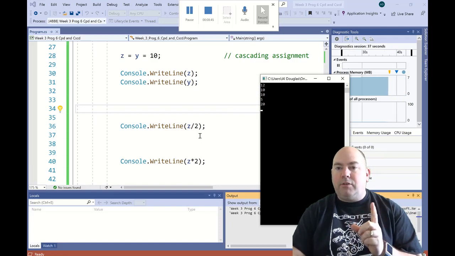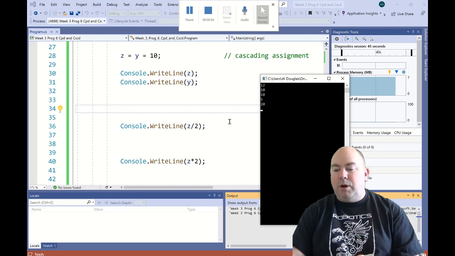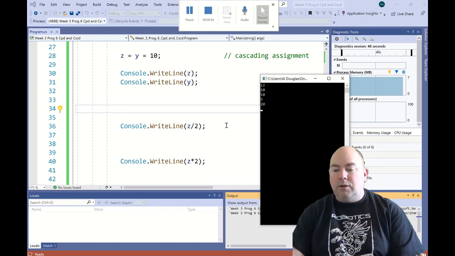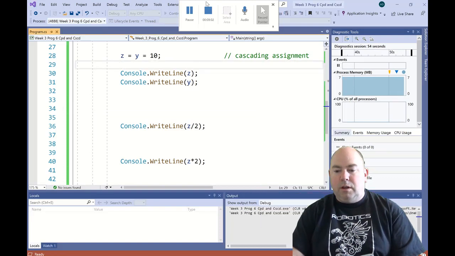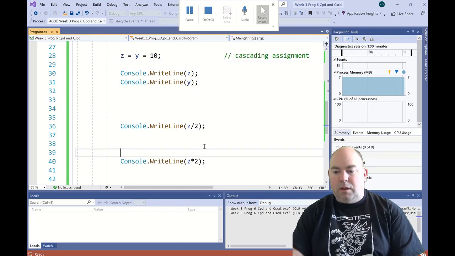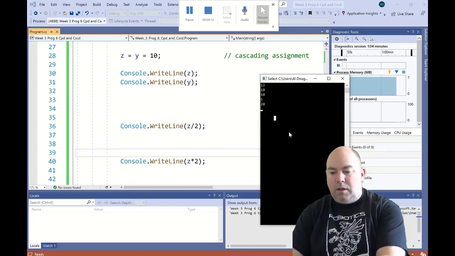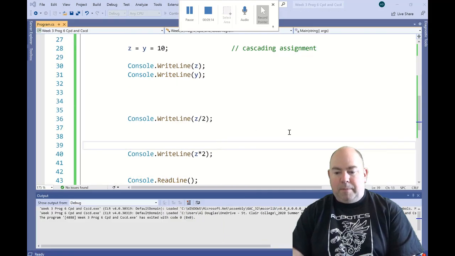But if I want to actually redefine z, in the previous example, I was redefining it because I had the math outside of these write lines. If I actually want to redefine it, I can still do that internally here. I just need to do it a little bit differently. I'll show you how.